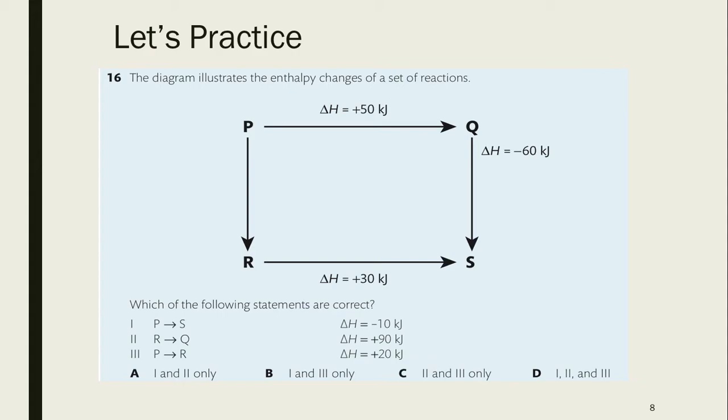Number 1 says going from P to S is negative 10 kilojoules. Number 2 says R to Q is positive 90 kilojoules. And number 3 says P to R is positive 20. Okay, so we do not know right off the bat what P to R is. That is totally blank, but we know the other three.